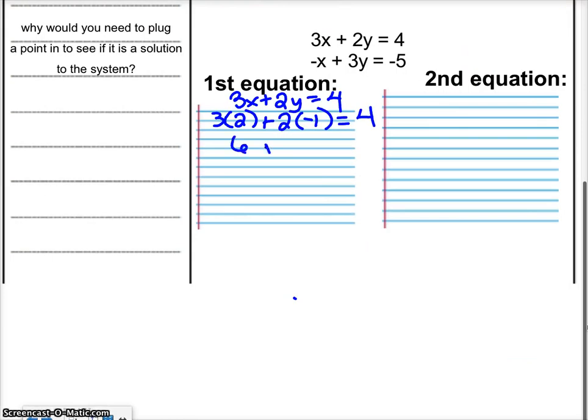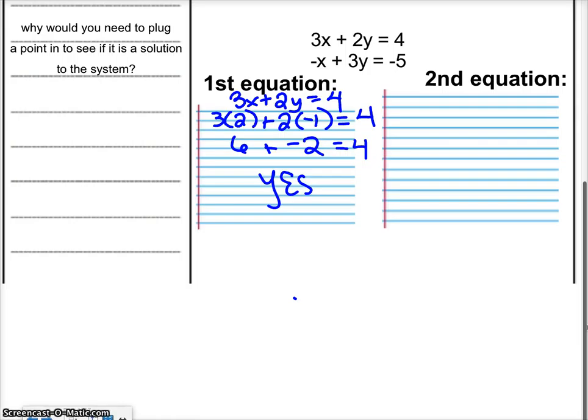Does 6 plus, order of ops, does 6 plus -2 equal 4? Yes or no? Yes. So that point is on that line. That's what that tells me, is that point is on the line.